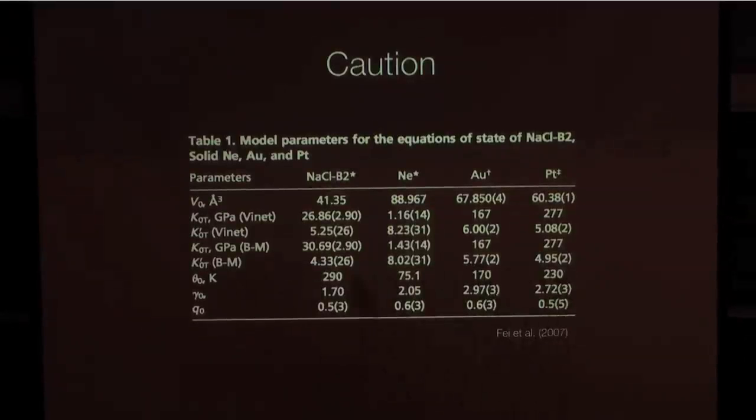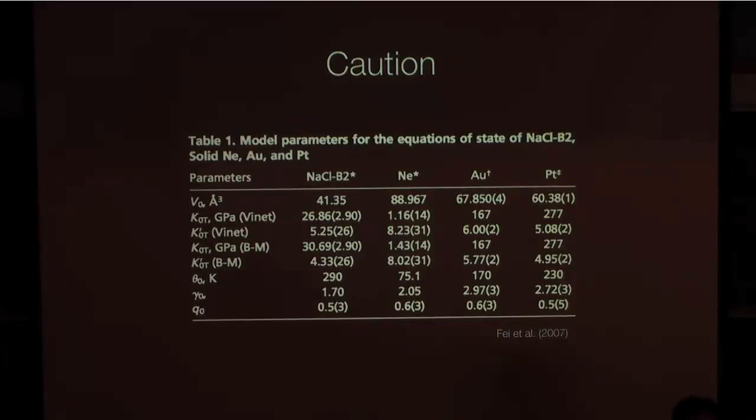Don't worry about the last 3. Why is that? And they are slightly different, right? What this tries to tell you is that for the exact same data, same numbers, if you fit it to the Birch-Murnaghan and Vinet equations of state, you still get slightly different values.